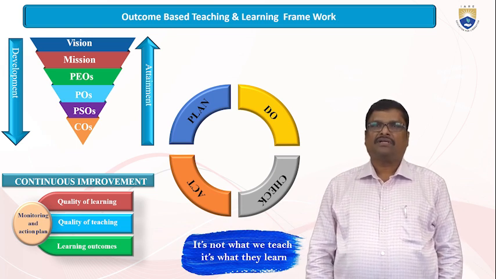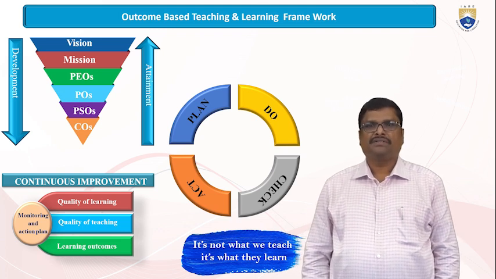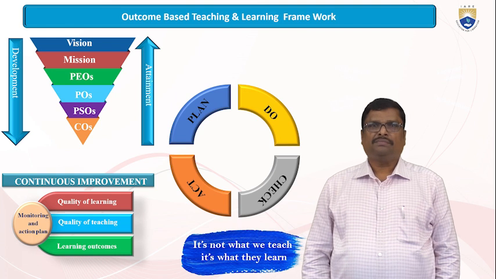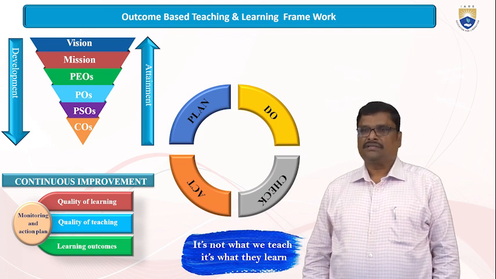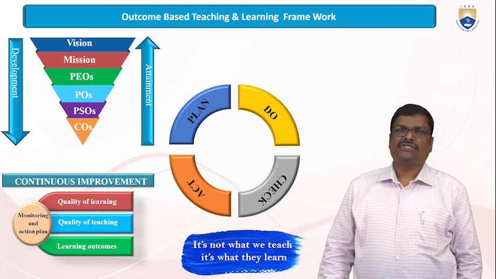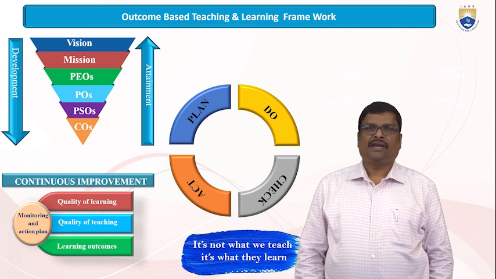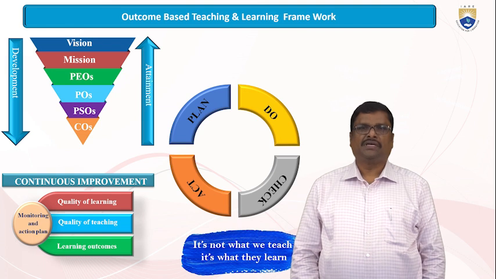The stakeholders have to define the vision and mission, program educational objectives, program outcomes, program specific outcomes, and course outcomes. Outcome-based education says the stakeholders have to develop the vision and mission and align it with the program educational objectives.